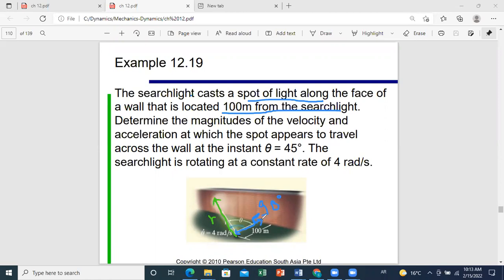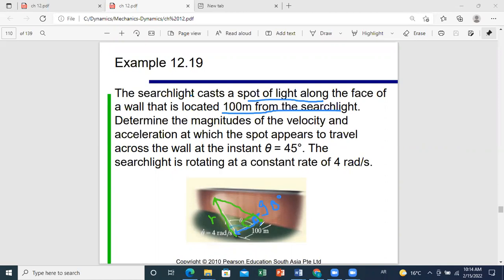And this point, which is the projection of the searchlight on the wall, is known. It's at a distance of 100 meters from the wall. So if I join these 2 points, I can be sure that this angle is 90 degrees. Why? Because this is the distance to the wall, and then it's perpendicular to any line on my wall.